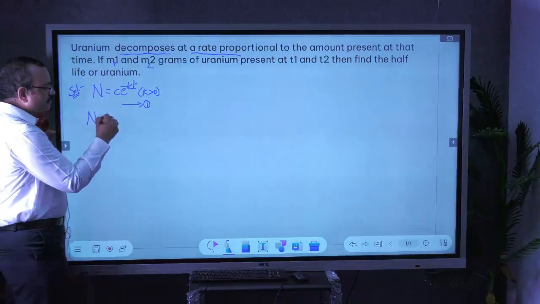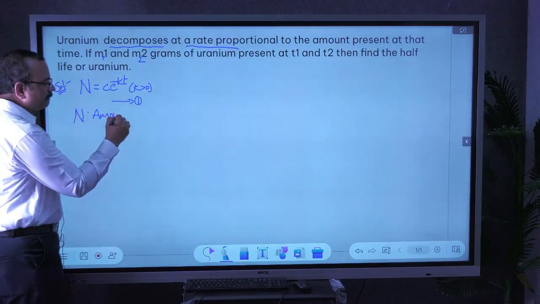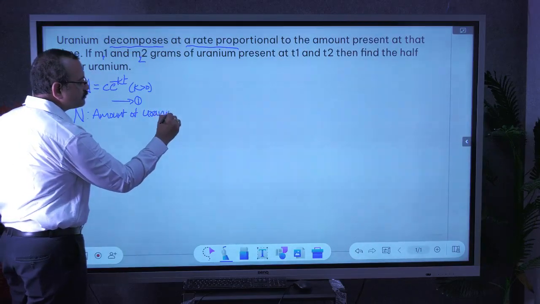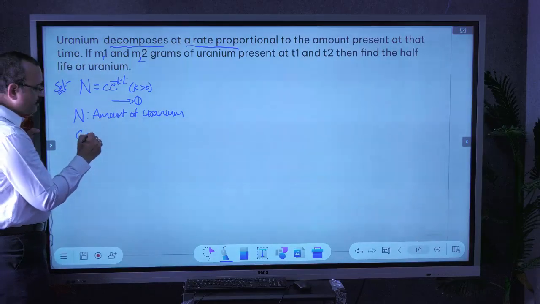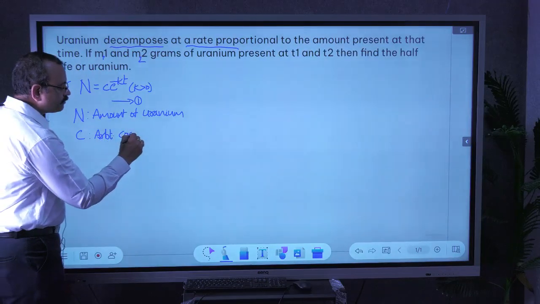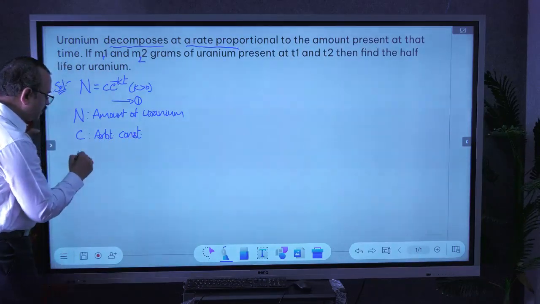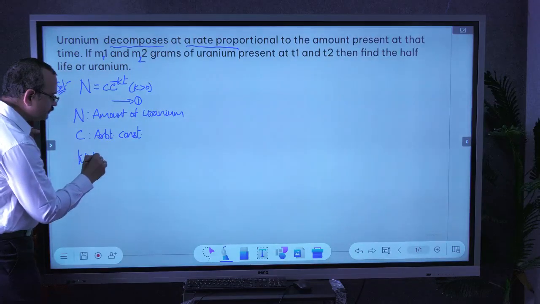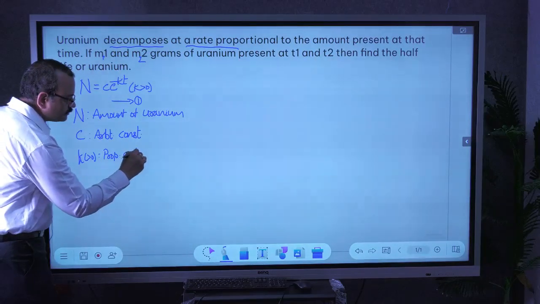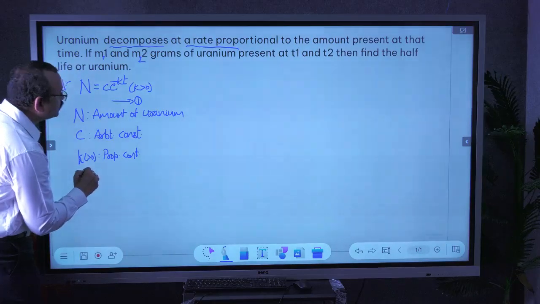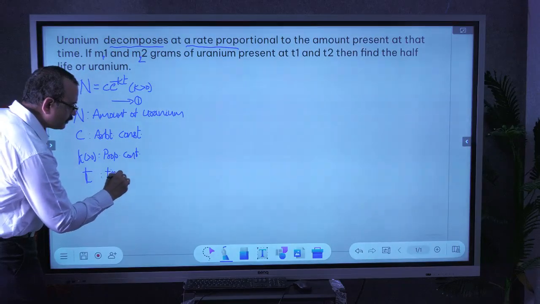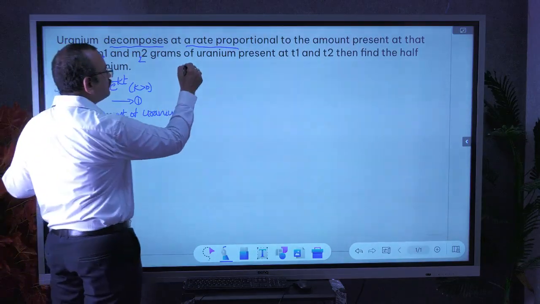N represents the amount of uranium, and C the arbitrary constant, and K greater than 0 the proportionality constant, and of course finally T the time. So we solve this problem in 3 steps.